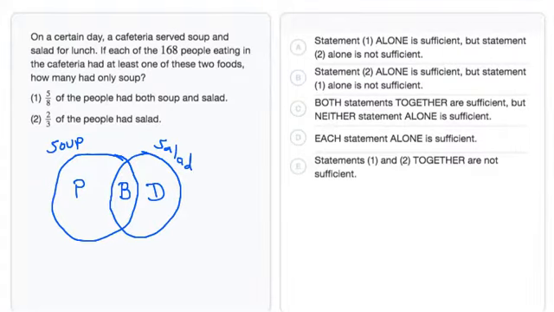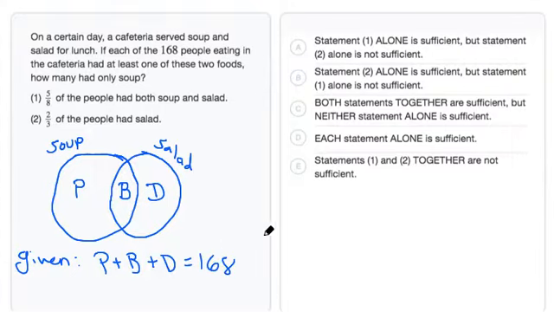Now, based off of these variables, we're given that there are a total of 168 people eating in the cafeteria that had at least one of the two foods. This means that we're given P plus B plus D is equal to 168.